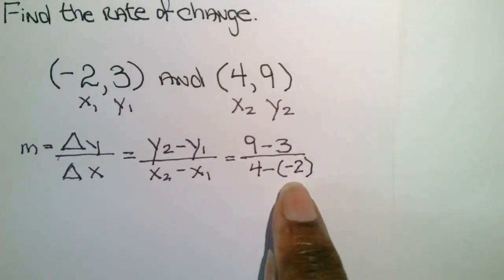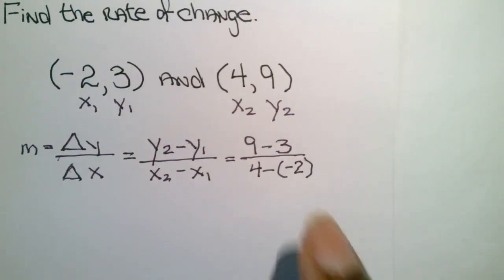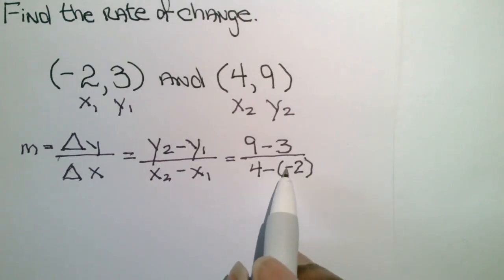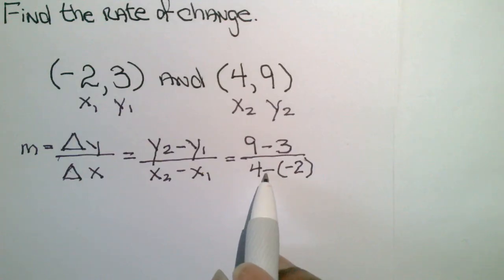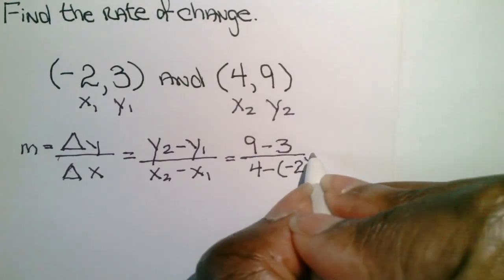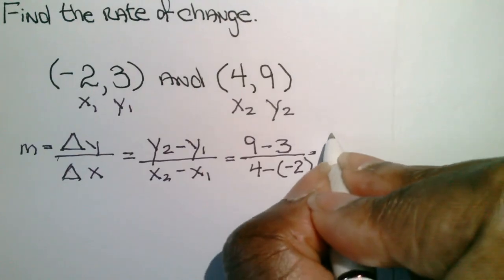This is where a lot of people go wrong. Some people will just say 4 minus 2, thinking that this negative replaced this minus sign. No. Okay? Because when you minus a negative, what happens? It turns to a positive.